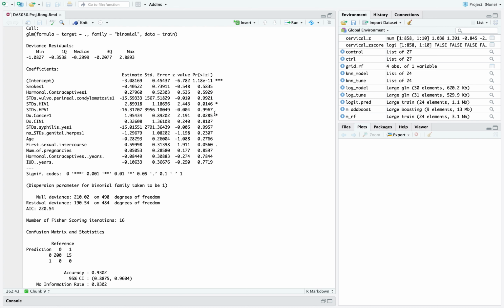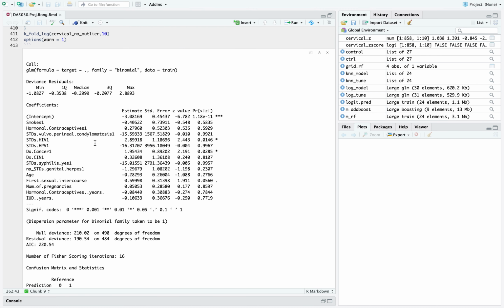But I'm very surprised that HPV is not very significant here, because there is some research showing that HPV is likely to cause cervical cancer.